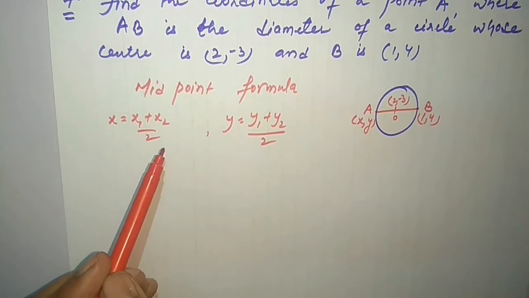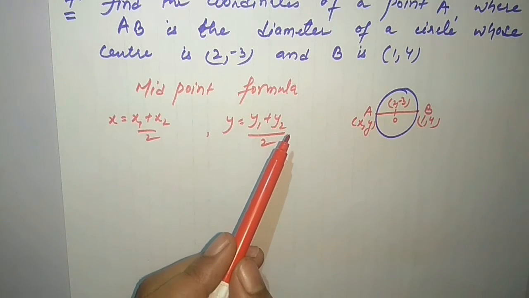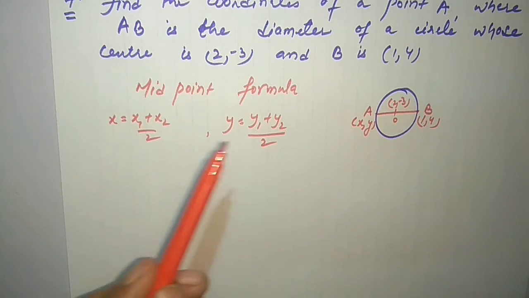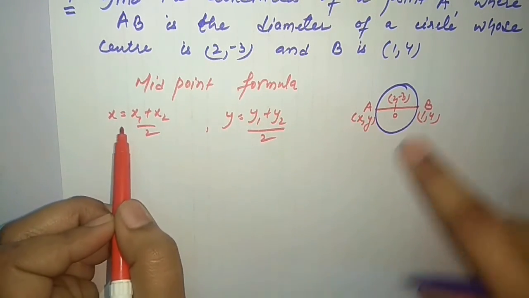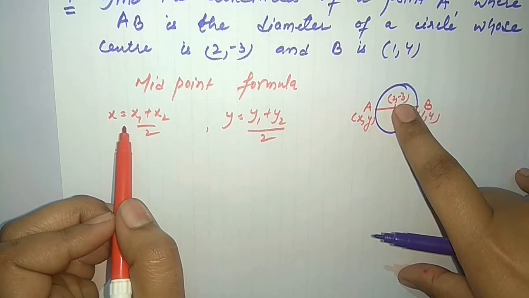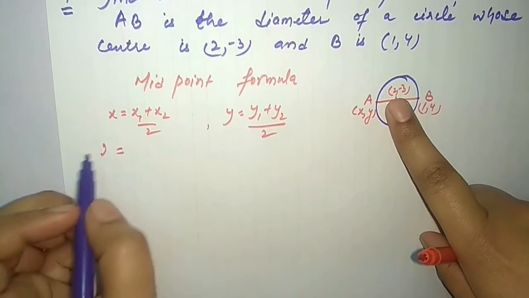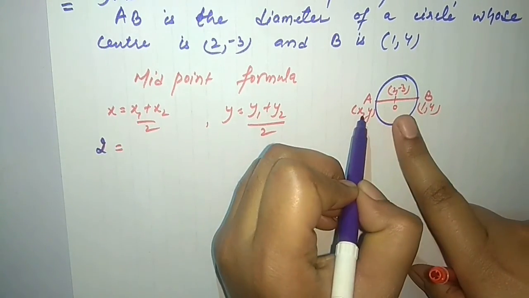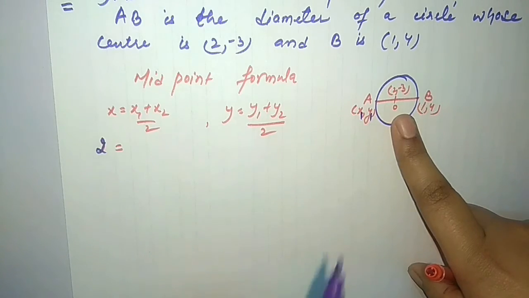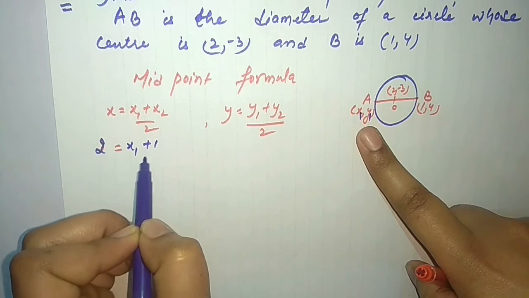So here is the formula: x is equal to (x1 plus x2) upon 2 and y is equal to (y1 plus y2) upon 2. So put the values here. (2, -3) is the midpoint, so x is 2. Let the unknown point be (x1, y1). We need to find x1; x2 is 1, upon 2.